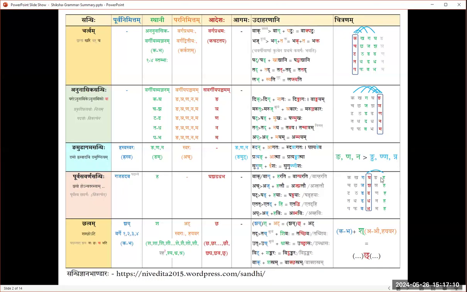There is a Purva Savarna also where Hakara switches to the fourth column: gha, jha, dha, dha, bha. So Hakara. See, Jhayo ho antarasyam. This column is Jhay Varnaha, according to the Maheshwara Sutra.